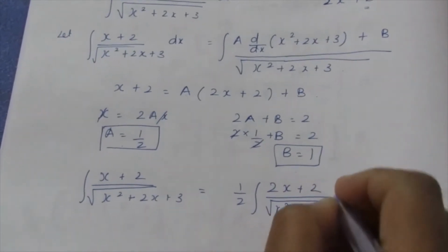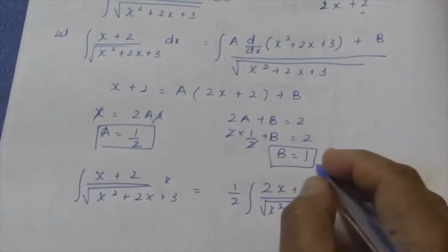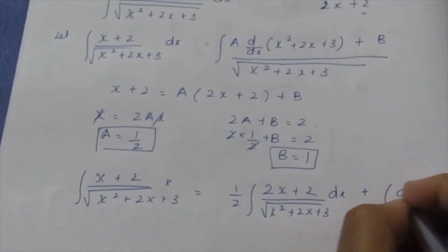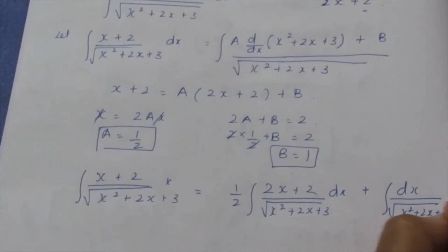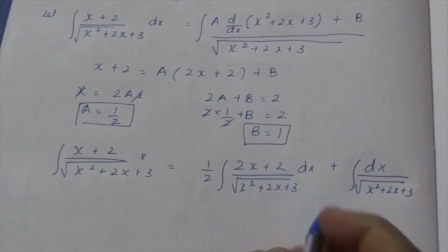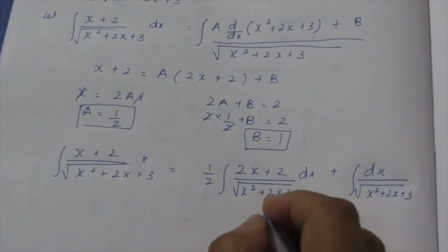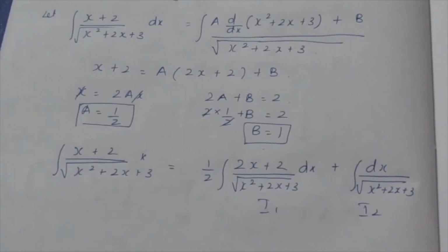I am writing the denominator separately, numerator separately, it becomes plus b. b is 1. So dx by root of x square plus 2x plus 3. Here we need to integrate both the terms. So I am taking this to be I1 and this to be I2. Separately I am going to integrate both the terms.